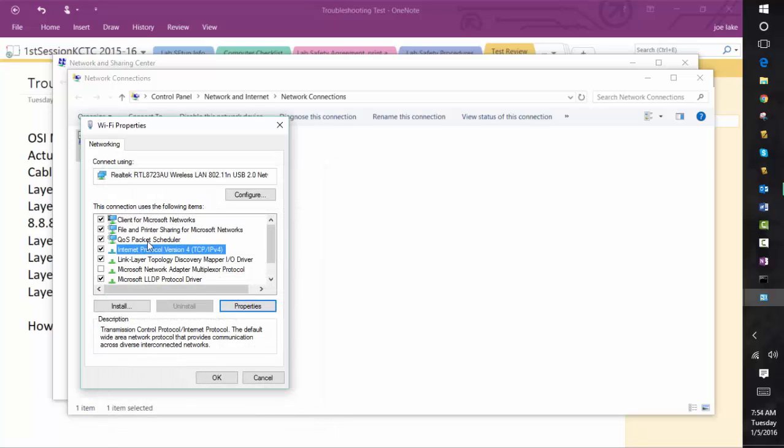Now what about all these things in here? Is any of this stuff important? Where we got Client for Microsoft, File and Print, QoS Packet Scheduler. Do you think any of these things are important? IPv6. It just depends, right? Like, I actually don't need IPv6 on my computer. I can actually take that off.